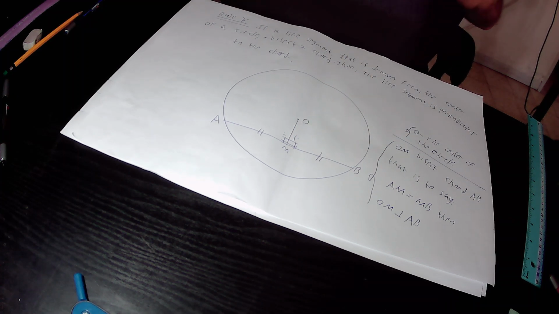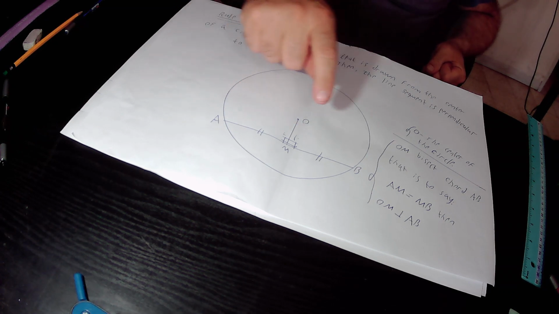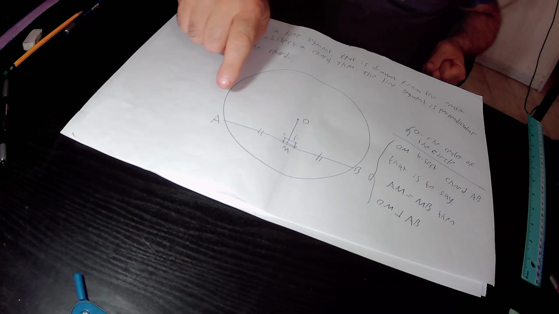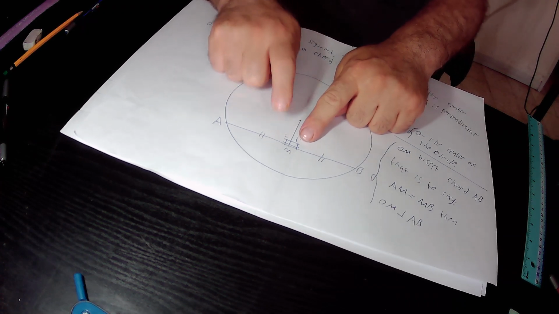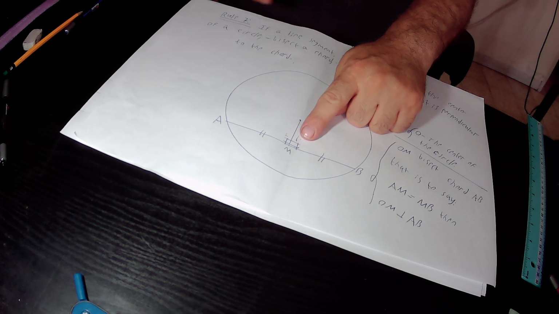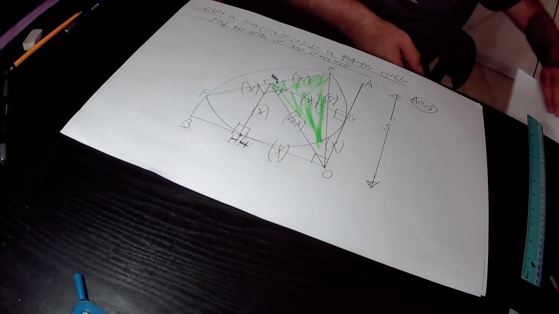So whenever you draw a line segment from the center of the circle that bisects the chord, then it will also be perpendicular to that chord. So we can implement rule 7 in our drawing. Why?